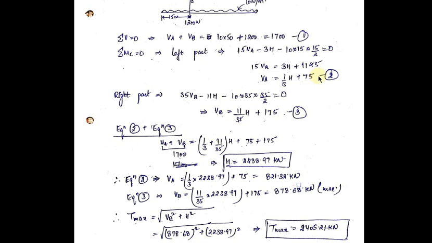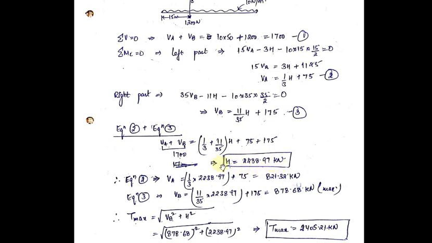Now adding these two equations, equation number 2 and 3, so the summation of left part equal to summation of right part, we will get this equation. So VA plus VB, we already know the value of VA plus VB is 1700 from equation number 1. So after putting VA plus VB equal to 1700 and solving this equation, we will get the value of capital H equal to 2238.97 kilonewtons.